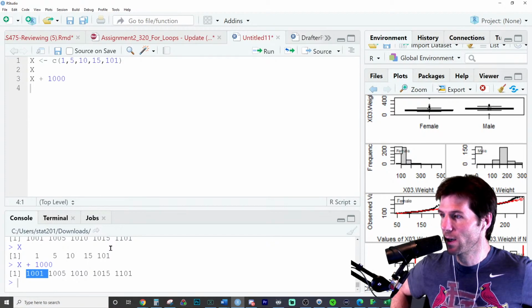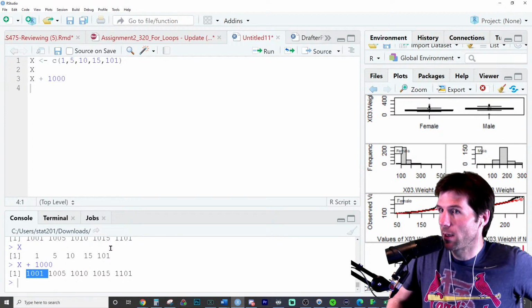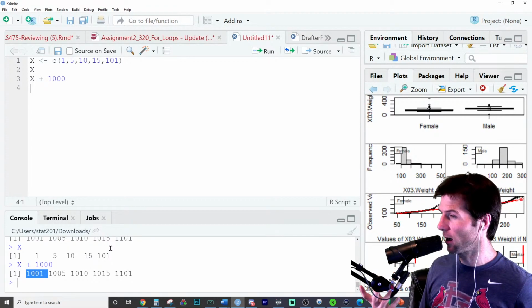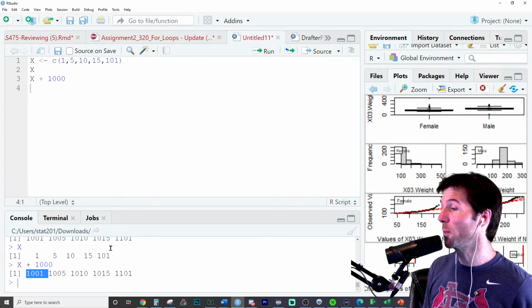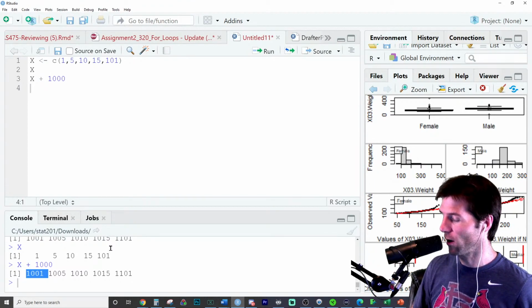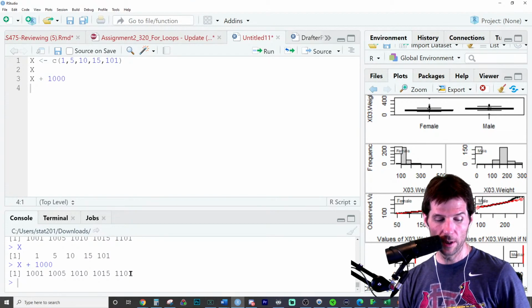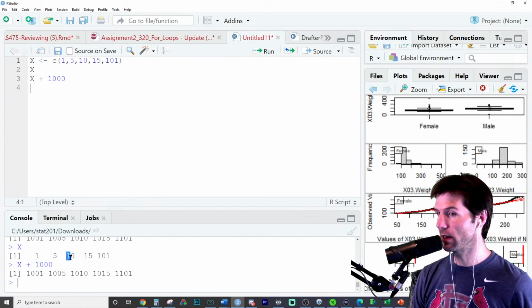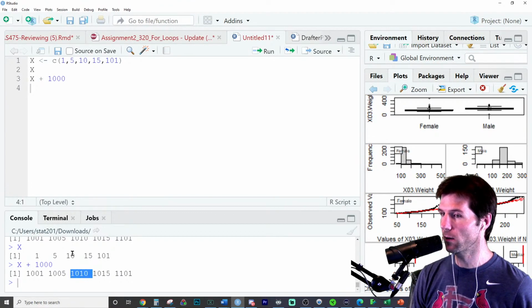So does this make sense that we've just taken people's answers and added a constant? Awesome. What do you notice about this? The data, does it have a different median? Has the median of the data changed? Yes or no?